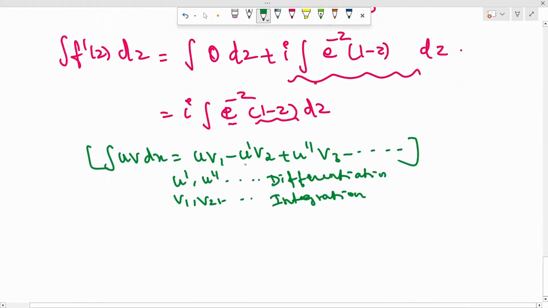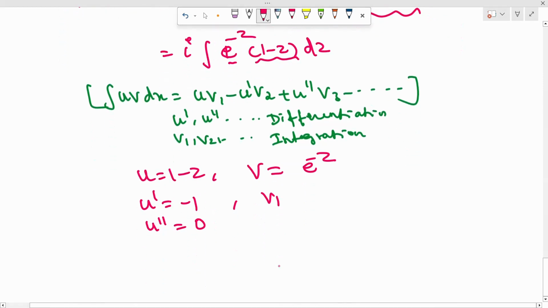Now in this equation we take u equal to 1 minus z and v equal to e power minus z. From this u, calculate u dash: derivative of 1 minus z is minus 1, and u double dash is 0. v1 means integrate with respect to z: e power minus z by minus 1.